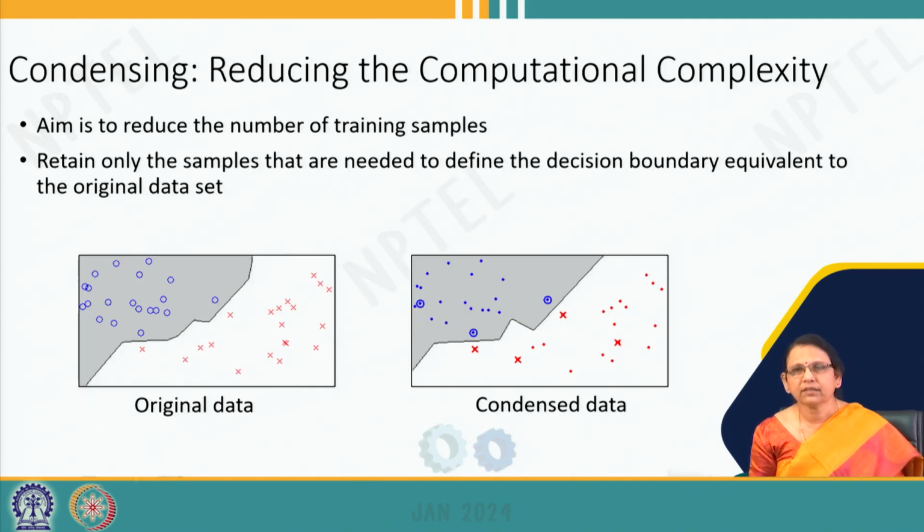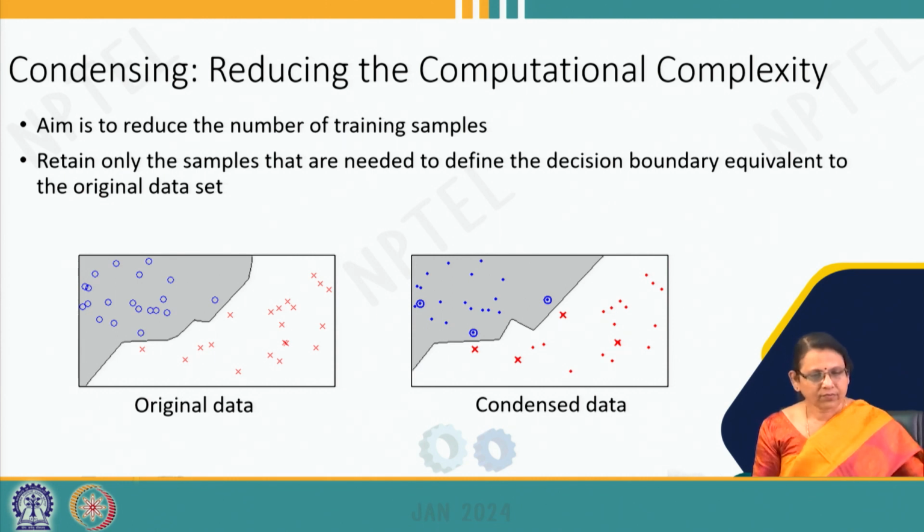So, there are certain approaches for reducing this high computational complexity. One such approach is condensing. Using this condensing approach, you reduce the number of training examples and keep some representatives of those, so that whatever decision you could have taken using all the training patterns, the same decision you can take with this representative sample.